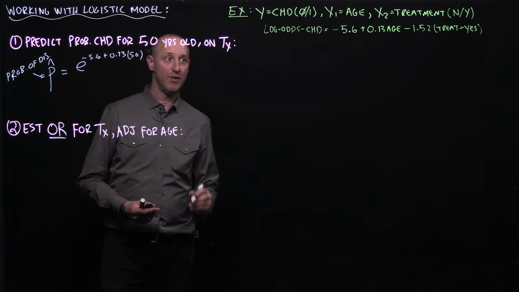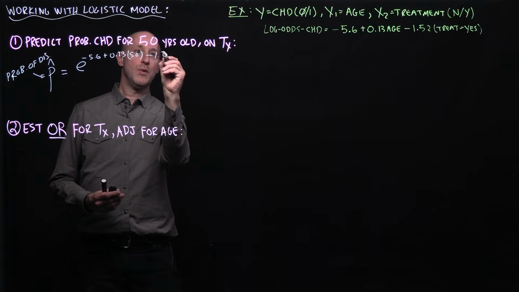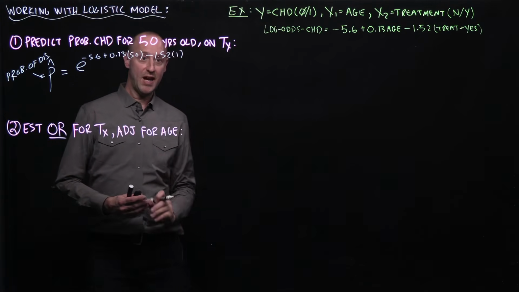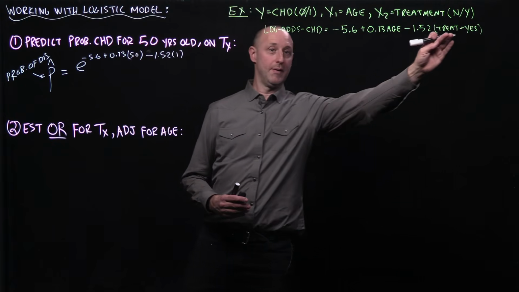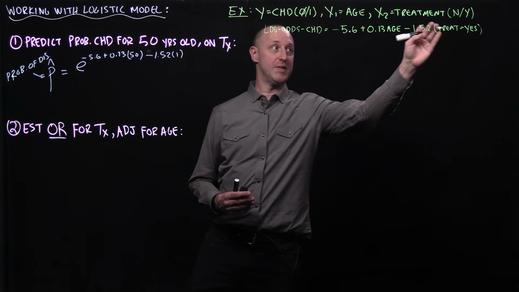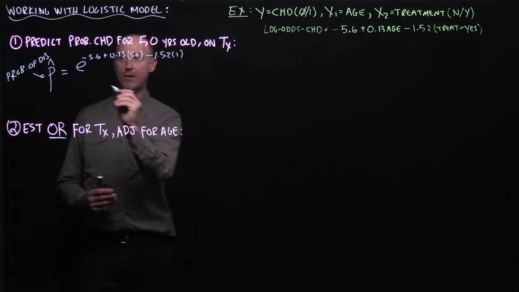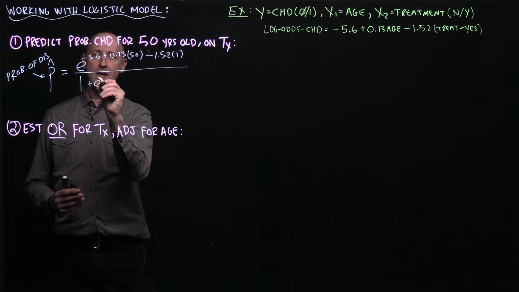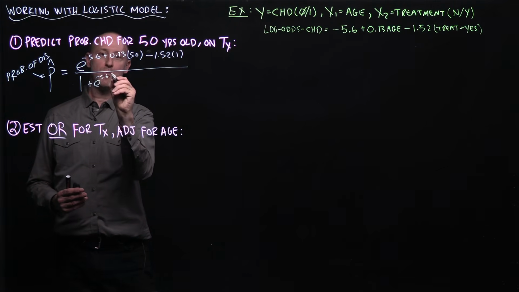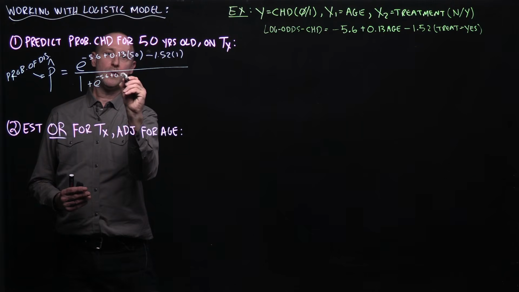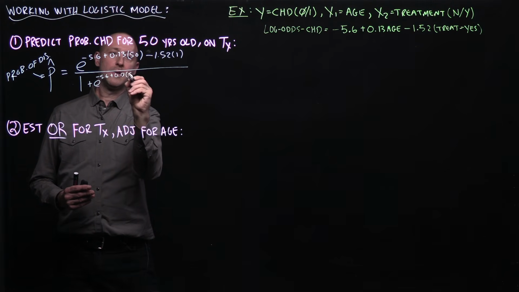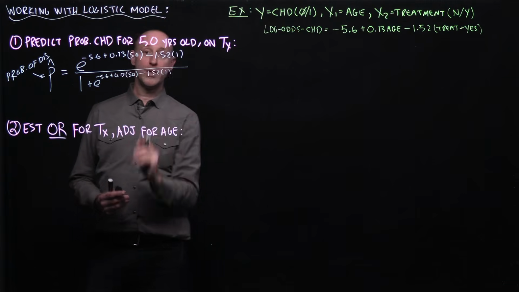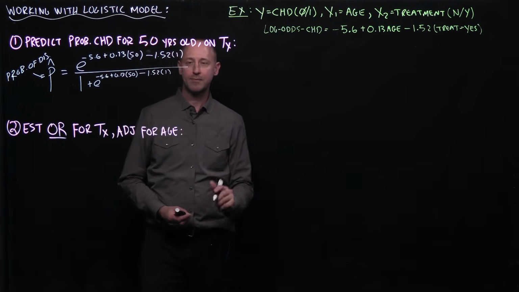We're going to estimate for a 50-year-old, minus 1.52. And they're on treatment, so the indicator for treatment takes on a value of 1. If they were not receiving treatment, this would be 0, and that term goes away. All that over 1 plus e to the negative 5.6 plus 0.13 times the age minus 1.52, and they're on treatment, so the indicator equals 1.